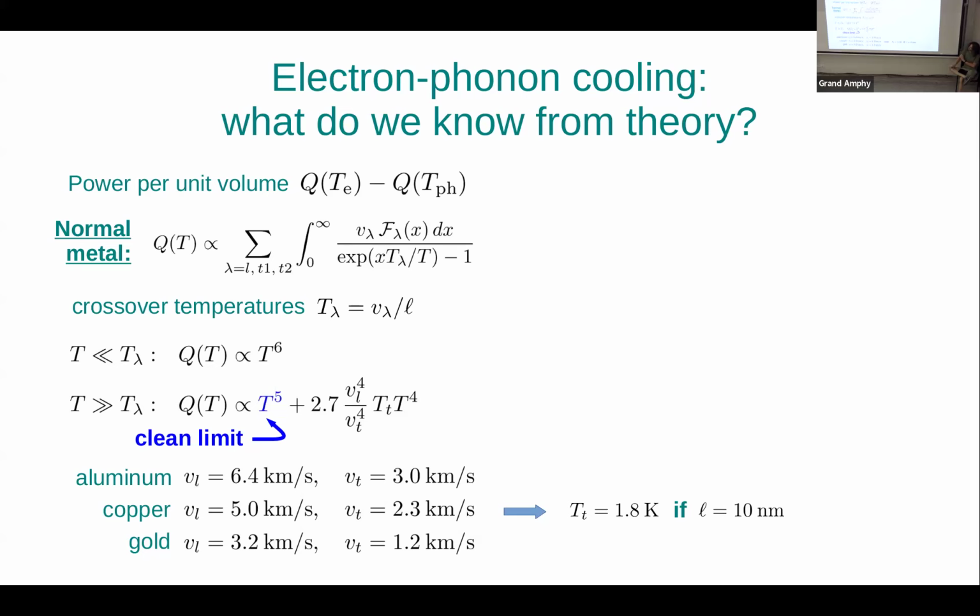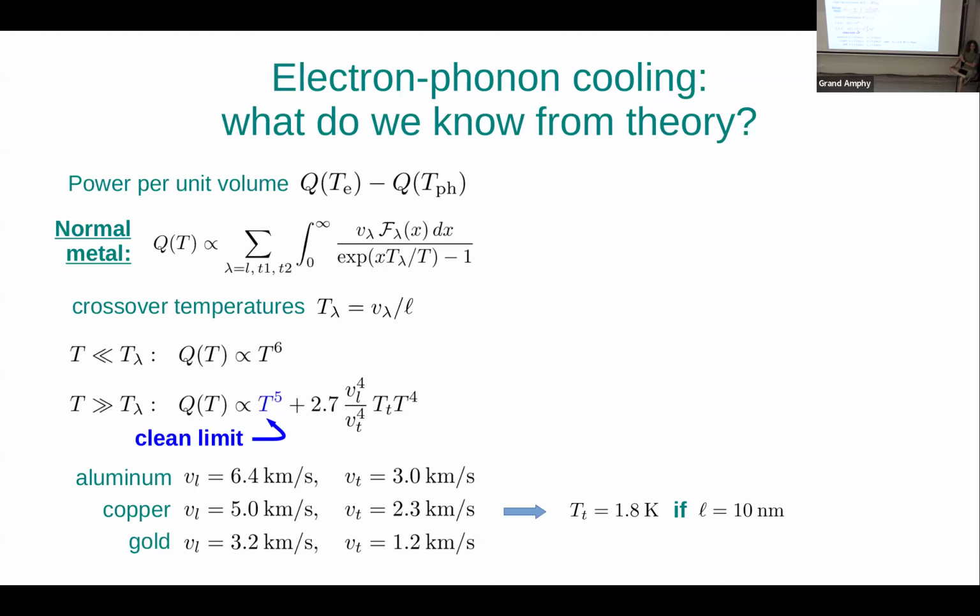And you see that V_lambda is the speed of longitudinal phonons or transverse phonons. And T_lambda is the crossover temperature, and L is the mean free path of electrons. So you look at low temperature asymptotics, you get T to the power 6.